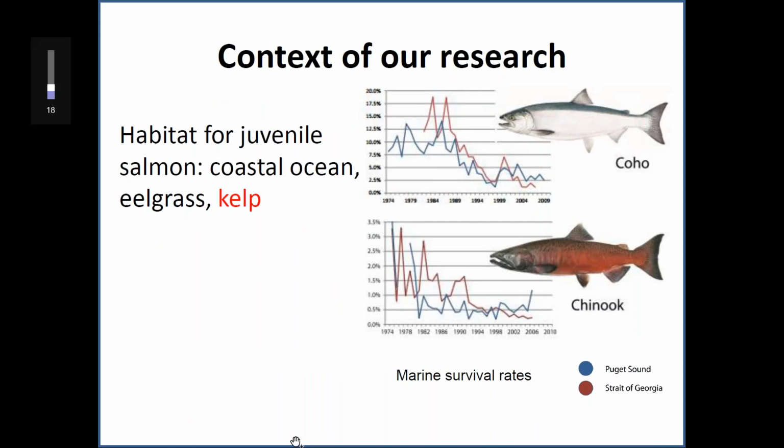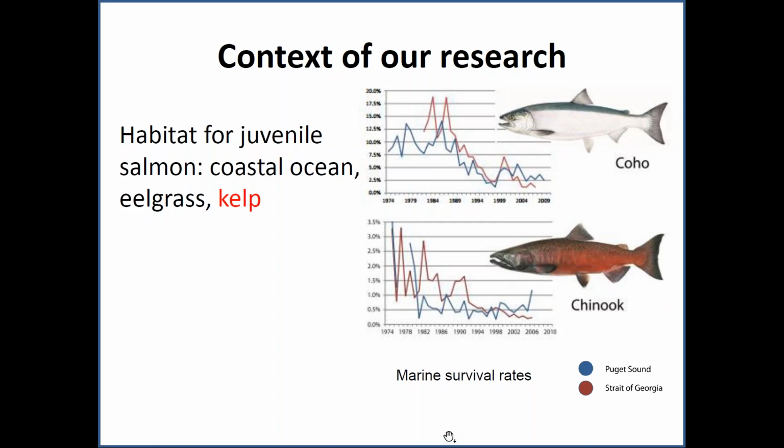First, I'll just give you a little feedback on the context of the research that we're doing, which includes the kelp part as well. So this is part of a large collaborative project, which includes colleagues from the US, from Washington, and also colleagues from British Columbia, looking at the decline of Chinook and coho salmon, also at sockeye salmon as well.